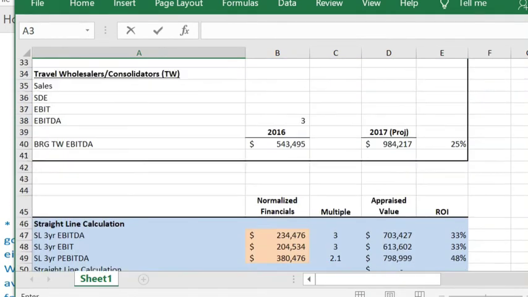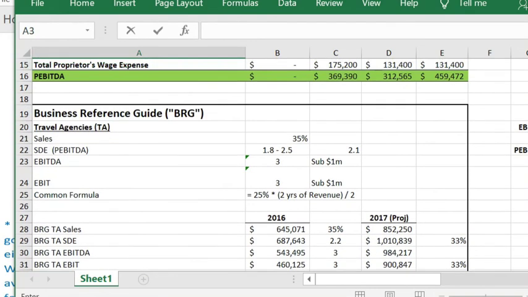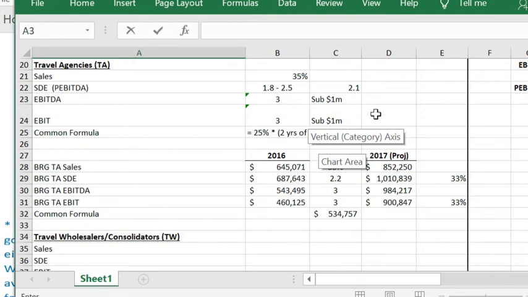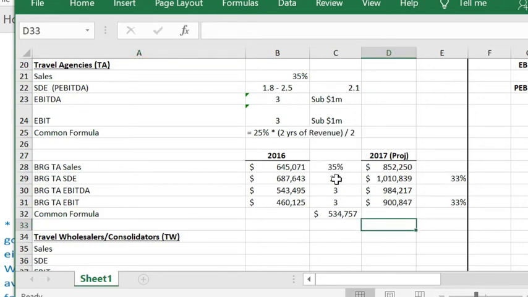So by looking at that business reference guide, he can get an idea of what thousands and thousands of businesses in those categories have sold for. And we can see here that he's coming up with a bunch of different multiples based on different types of businesses that his reference guide is telling us. So multiples here of 1.8 to 2.5 times EBITDA, multiple of 2.2 times EBITDA, multiple of 3 times EBIT. So a whole bunch of different ways that other businesses were valued.